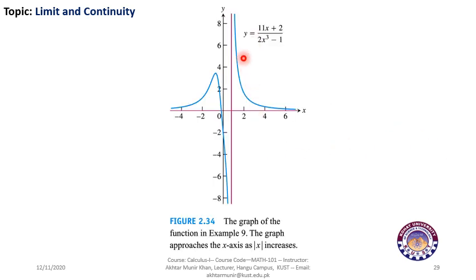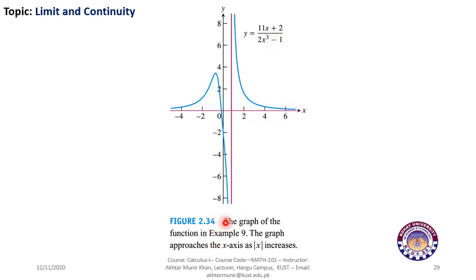Now consider another situation. Let us assume we have a function y equals (11x + 2) divided by (2x³ − 1), and we take the limit as x tends to infinity. In this case we get the limit to be y equals 0 as x approaches infinity, and in this fashion we say that y equals 0, which is the x-axis, is the horizontal asymptote of this function.